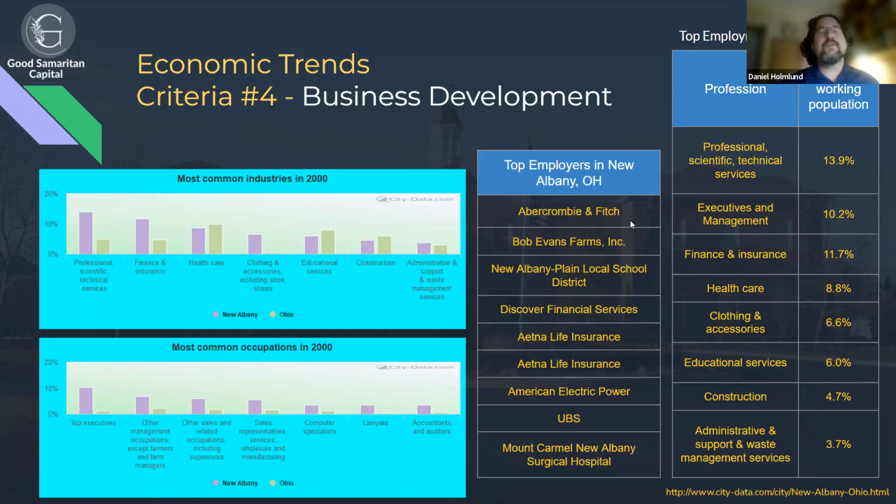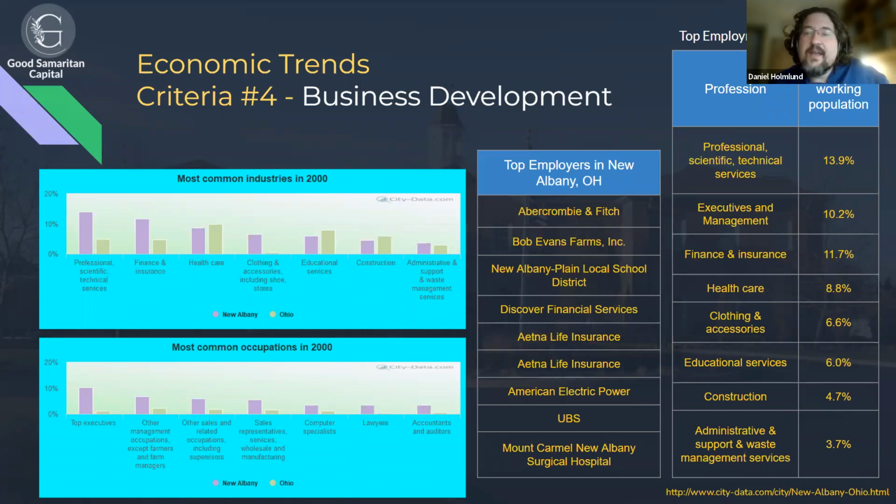The top employers here, New Albany is the worldwide headquarters of Abercrombie and Fitch. They also have the Bob Evans Farm Group, which was recently located in Columbus and has moved up to New Albany because of, and we'll get to this soon, the tax incentives that have been offered by the city of New Albany. A lot of people are employed in government and educational jobs. The school district is the number 3 employer in this area.